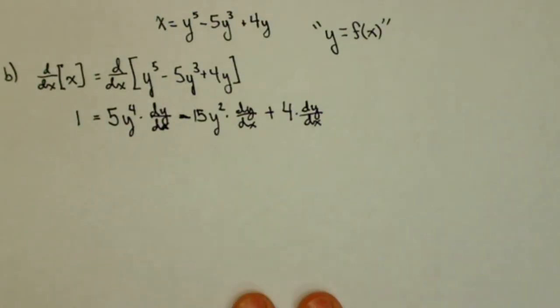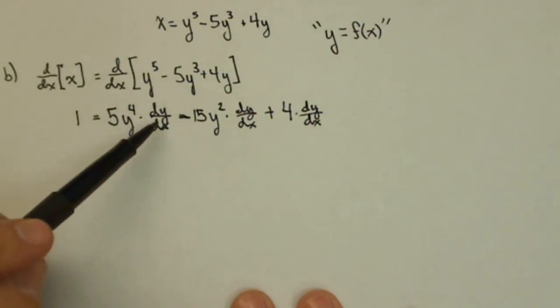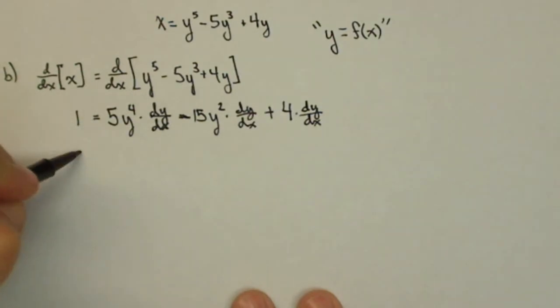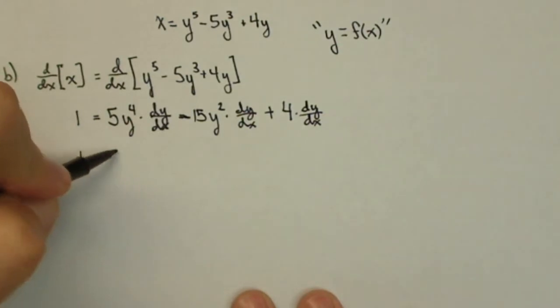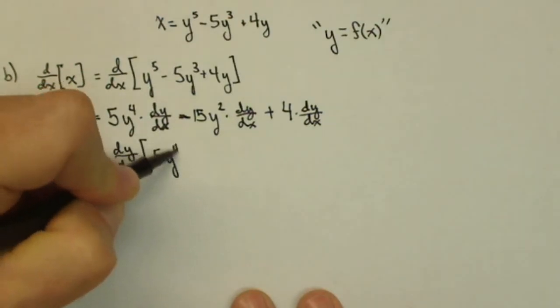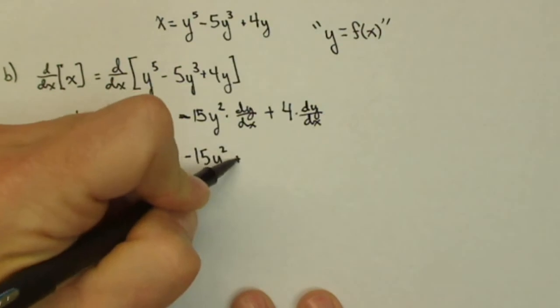So there's our derivative, and what we want to do, if possible, is have an explicit formula for dy/dx. This one's not too bad because on the right hand side every term has a dy/dx in it, so I'm going to factor that out. So dy/dx times 5y to the fourth minus 15y squared plus 4.